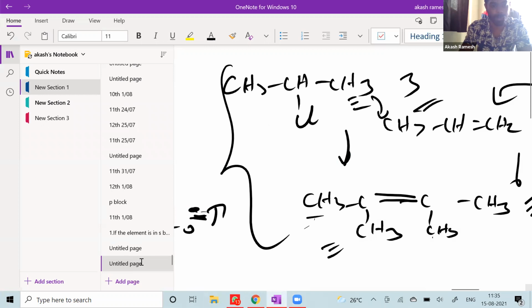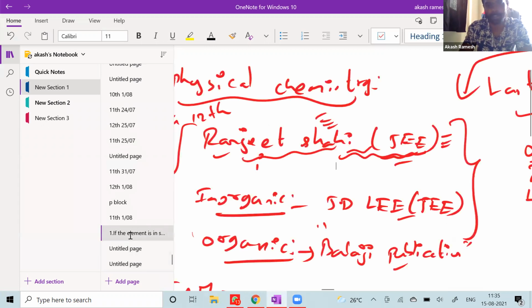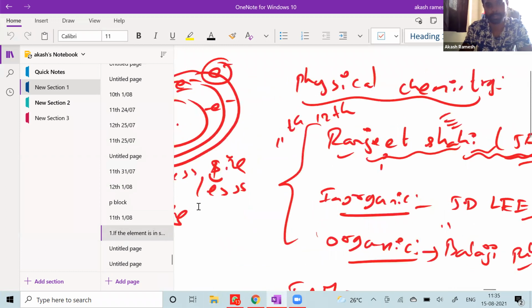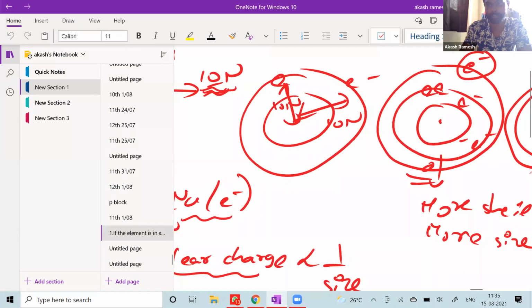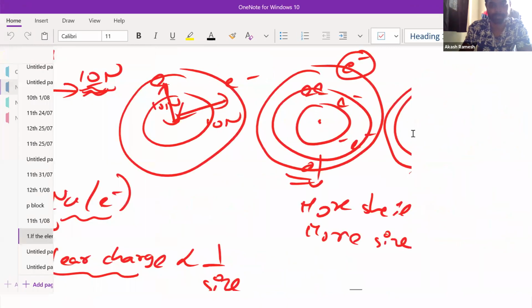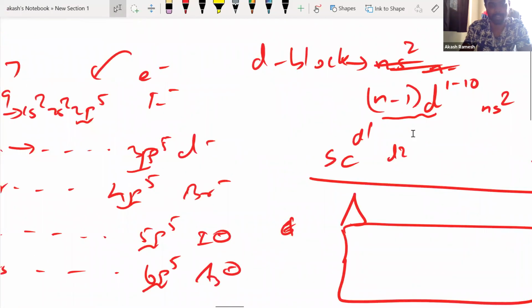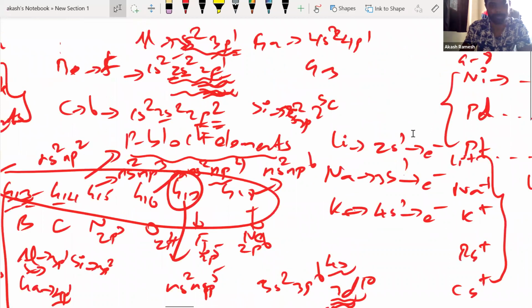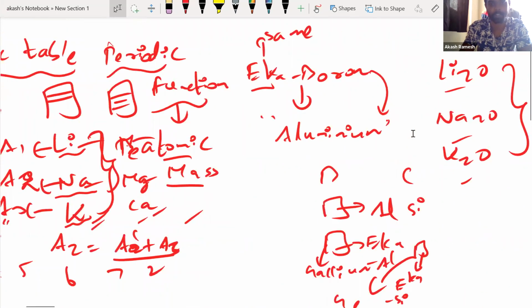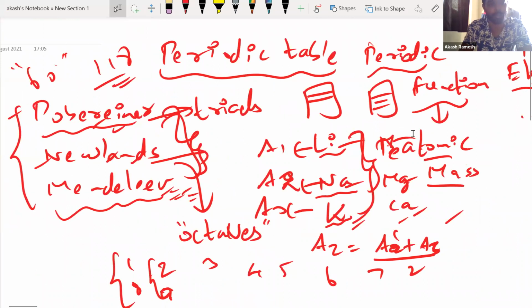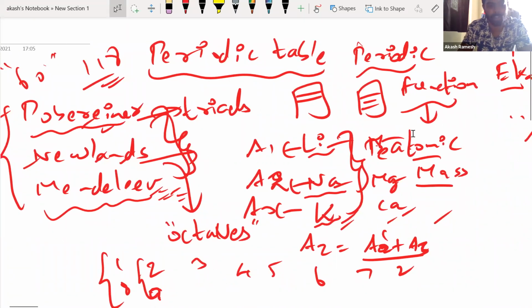Okay, so hope you all remember what we saw last class, right? We started with the history of the periodic table: Dobereiner's triads, Newlands' law of octaves, Mendeleev's periodic table.